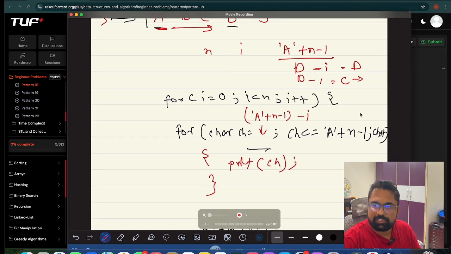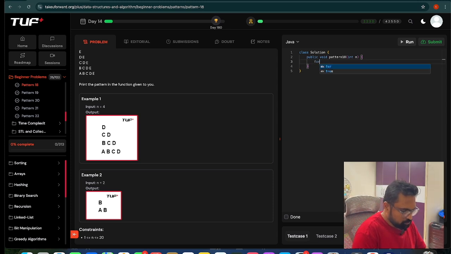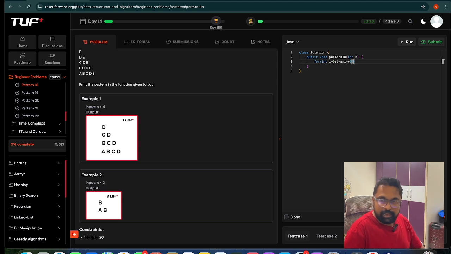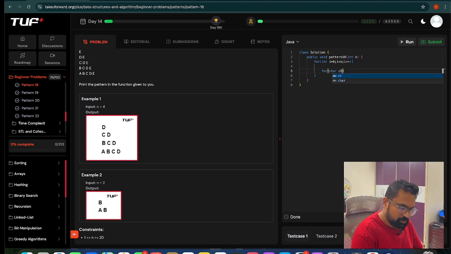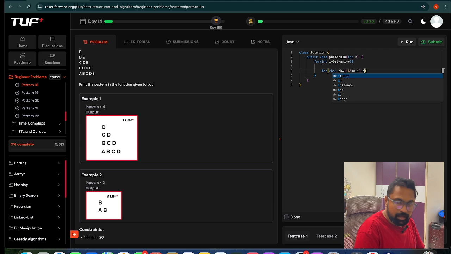Let's try to write the code. The first for loop is the outer for loop, which is the number of rows: i equal to 0, i less than n, i plus plus. Then in that, the inner for loop: char ch equal to A plus n minus 1 minus i.